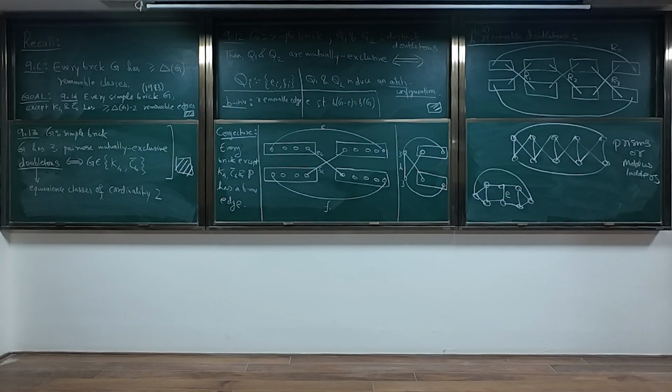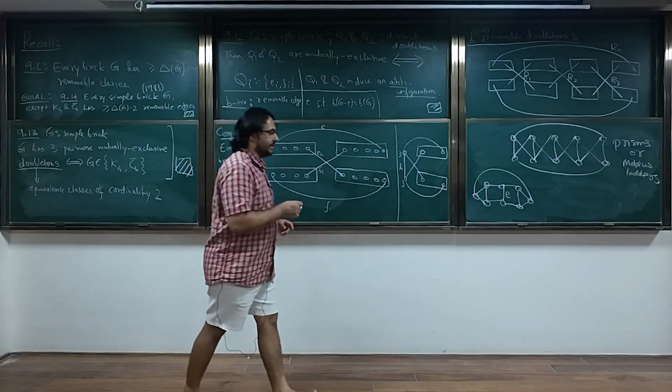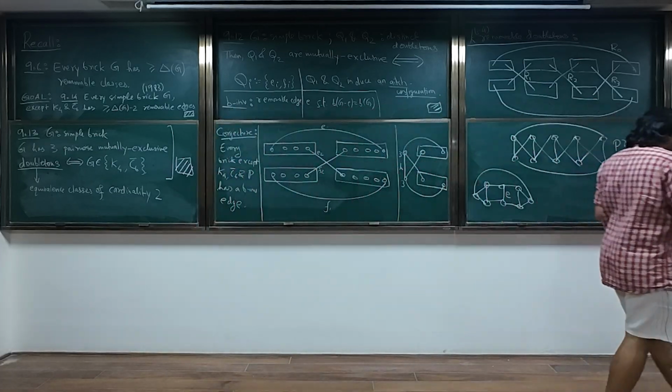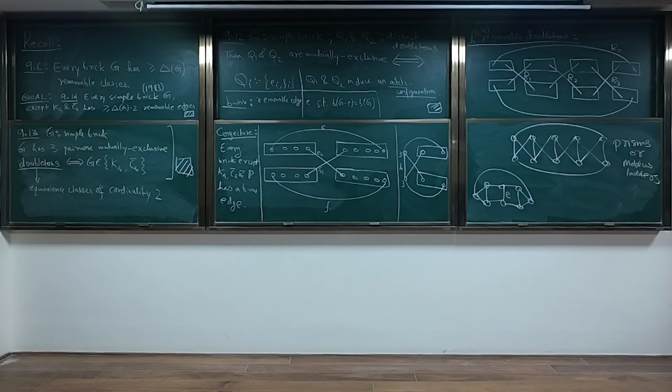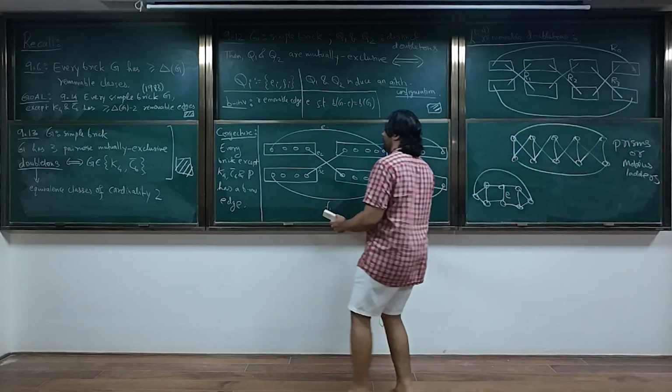I want to mention one more interesting connection with B invariant edges, which is something I've been discussing with Shalu recently. In the case of near bipartite bricks, you can actually define a special type of B invariant edge, which is what I want to tell you about briefly.